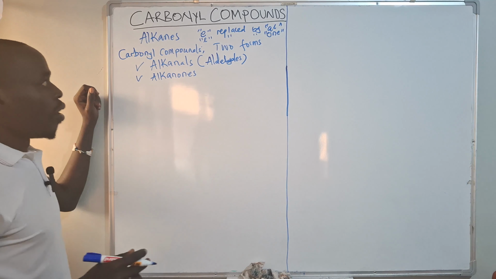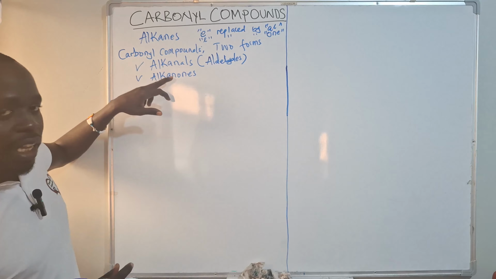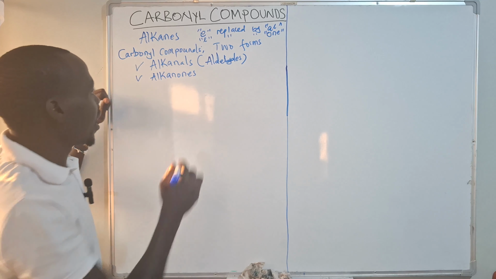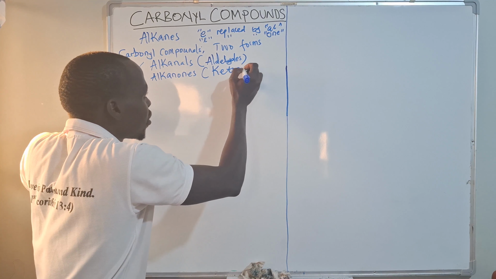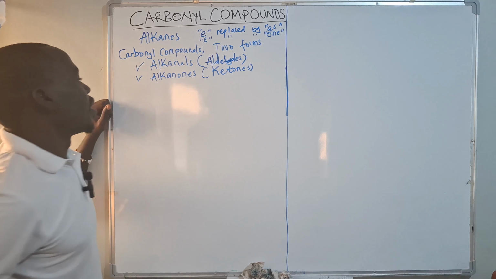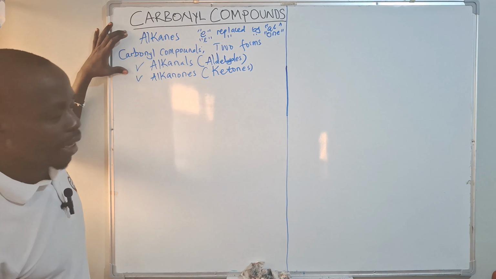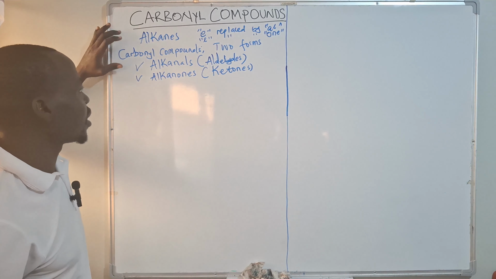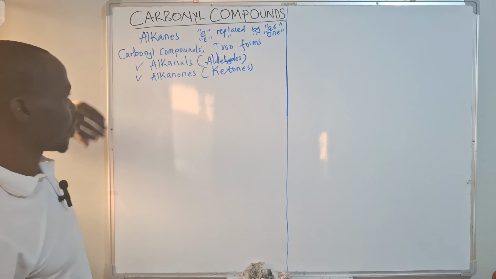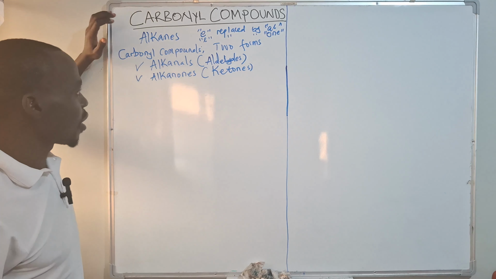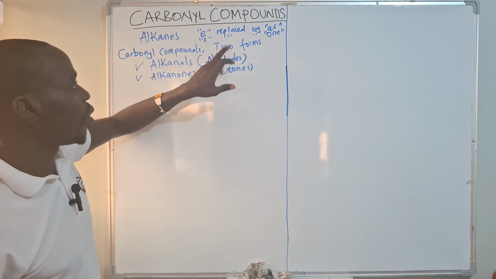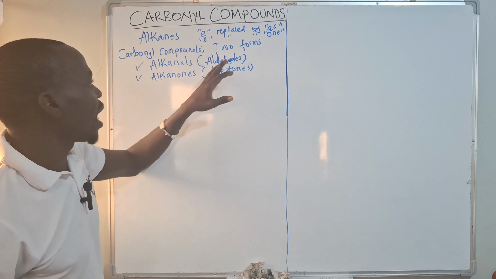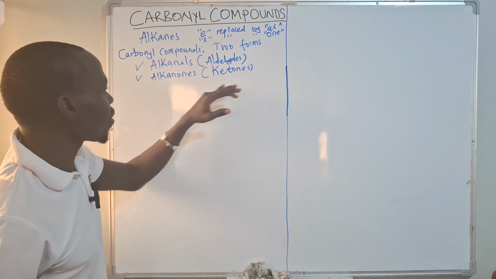If we don't want to call them alkanones, you'll be in a position to call them ketones. So carbonyl compounds are divided into two: alkanals, aldehydes, and alkanones, ketones.